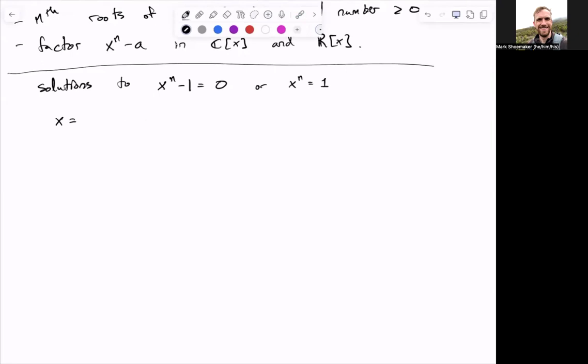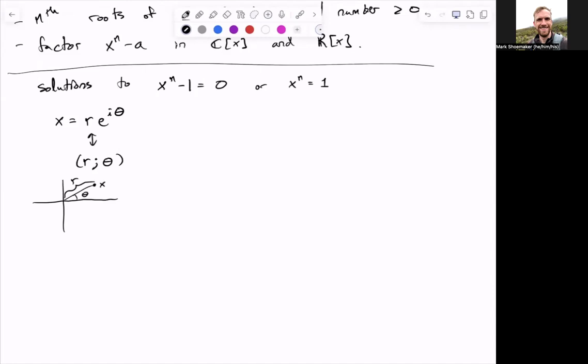So suppose x is a solution, then I'm going to write it in polar coordinates as r e to the i theta, which remember just means that this number has distance r from the origin and an angle theta from the real axis. So if here's my angle theta, and here's my distance r, then this is the point x.